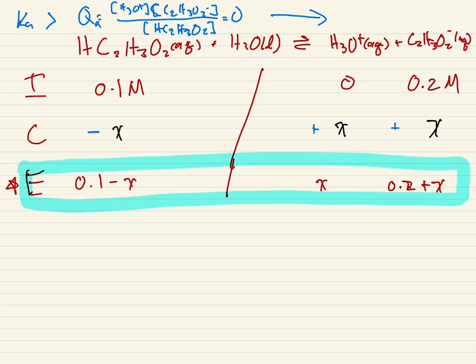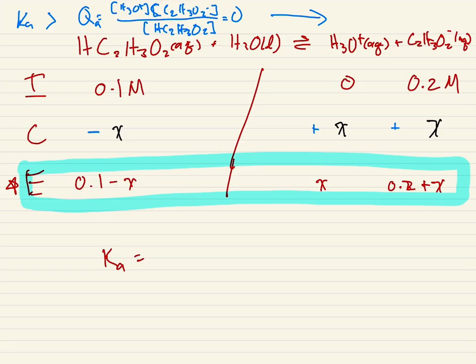So how do we use the information we've been given to solve for X here? Yeah, you use Ka, your equilibrium constant, right?